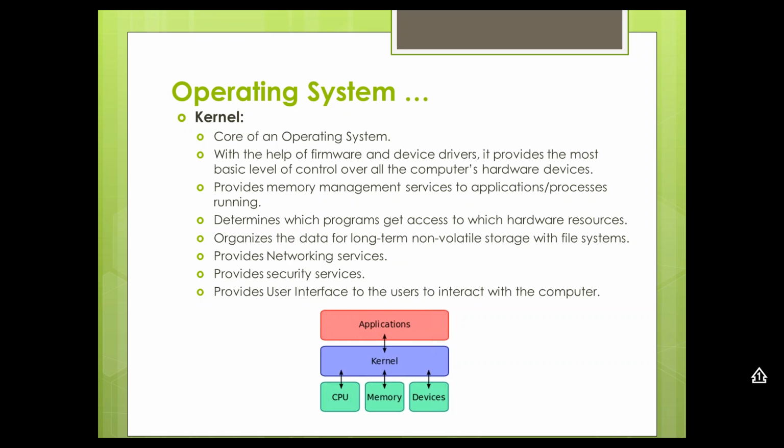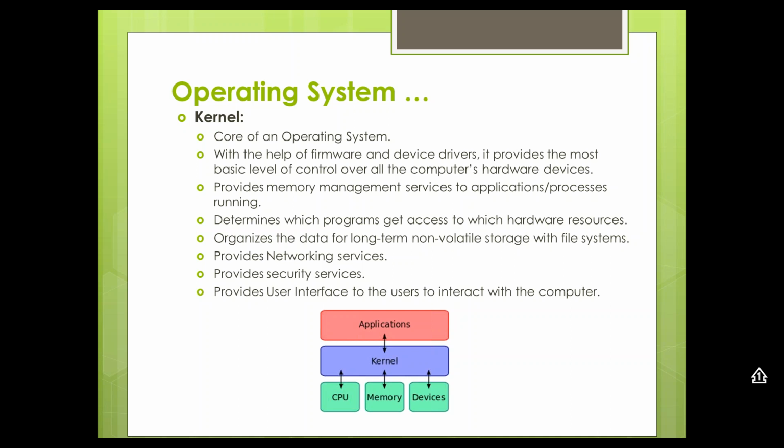What these assembly level languages do is directly interact with your hardware for whatever resources you need when you run your application, be it your memory, your CPU, your network services, whatever it is. So the kernel, at the core of your operating system, provides various services like memory management, like how programs access different hardware resources.